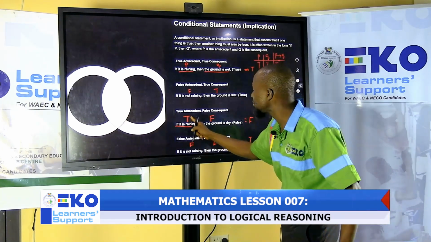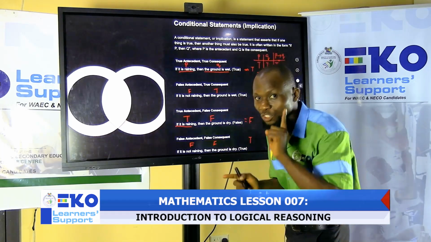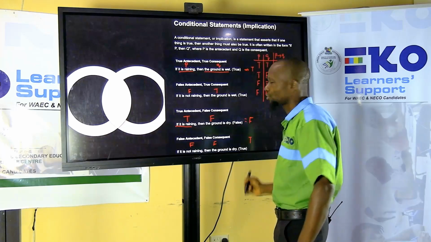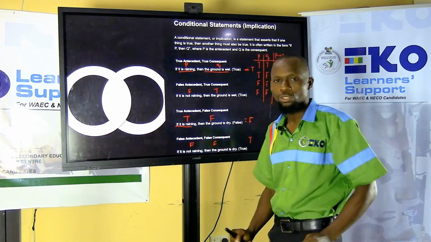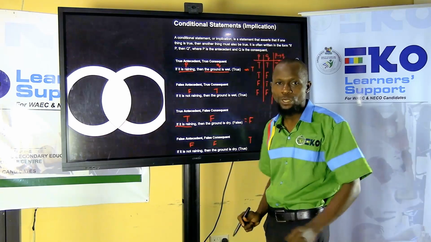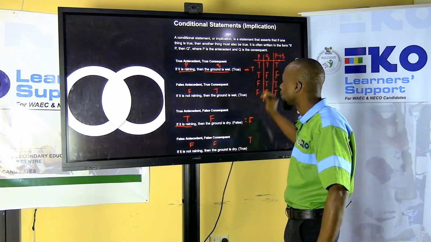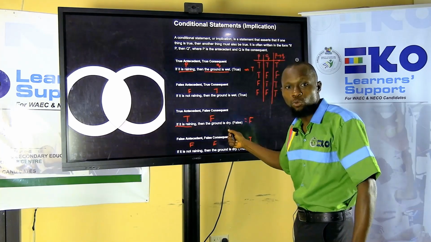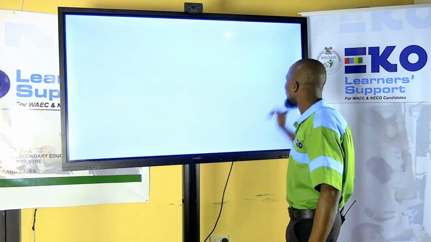But when the antecedent is true and the consequence is false, the statement is false. That's the only time it will be false. Otherwise, it will be true. So that is how we can evaluate such a statement. The only time it can be false is when the antecedent is true, but the consequence is false.